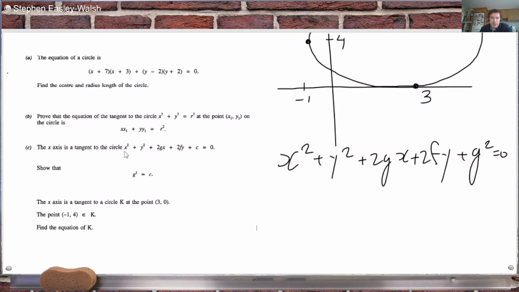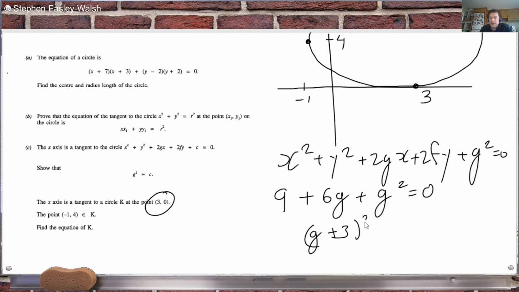So if I sub in the first point, (3, 0), I get 9 plus 6g plus g squared equals 0. So I think this is (g plus 3) squared equals 0. So I have g equals minus 3. And that would actually make c equal to 9 if I care to know that.